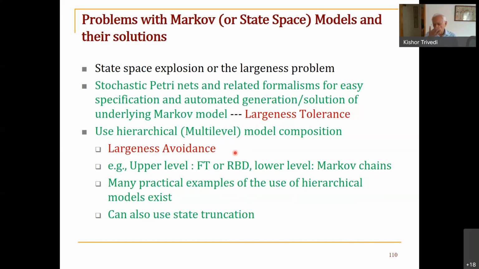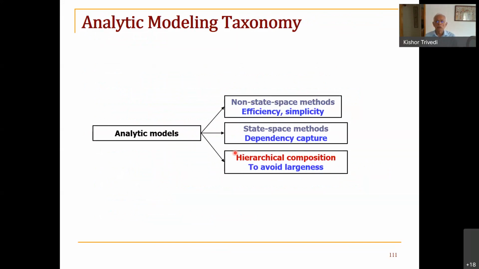Let me show you several examples of this, but the green book contains a huge amount of material on this topic. We have now moved from the non-state space methods, which are very efficient and very simple to use, to state space methods, particularly Markov chains, which allow you to capture dependency. But now we go to hierarchical model composition to avoid largeness, which is a key problem with the state space methods.